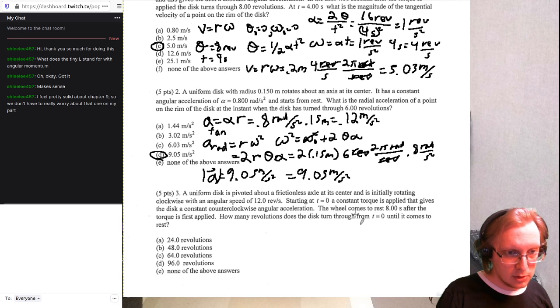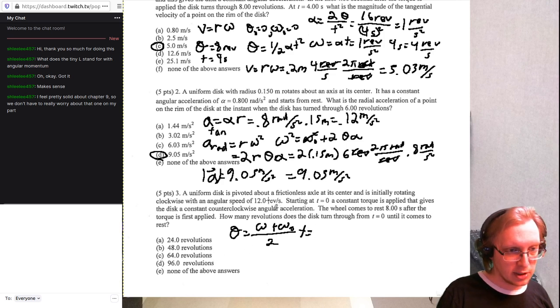I have a time. I need to know a distance. I don't have an acceleration. Okay, let's try theta equals omega plus omega naught over 2, times t. I have omega is 12 revolutions per second, omega naught is 0, t is 8 seconds, and we want to know how far it travels. Yes, good.